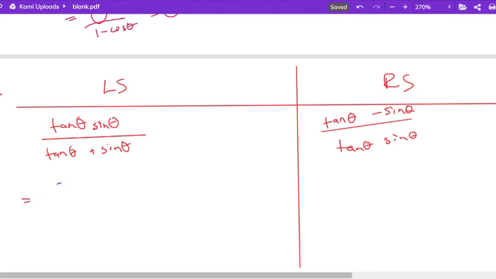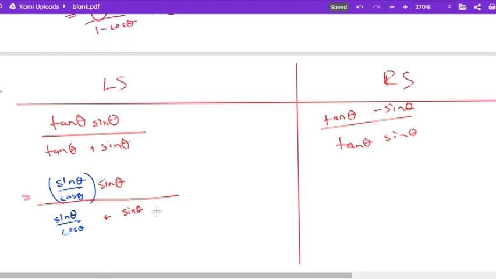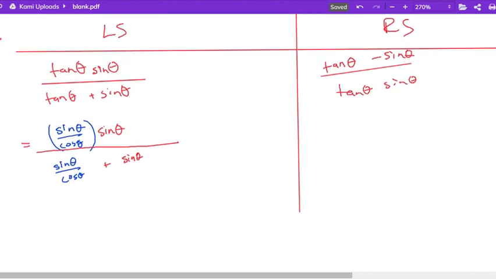So on the right side, I've got sine over cos times sine theta. And then in the denominator, I've got sine over cos plus sine. God, is that ever ugly? At least in the numerator, I can't cancel, but I can square the sines.